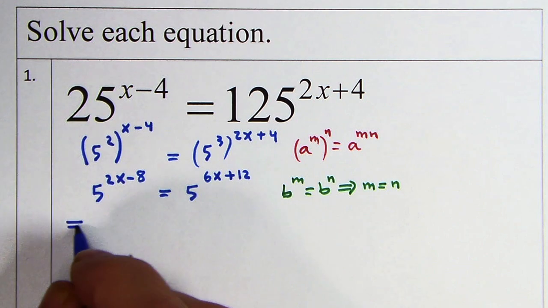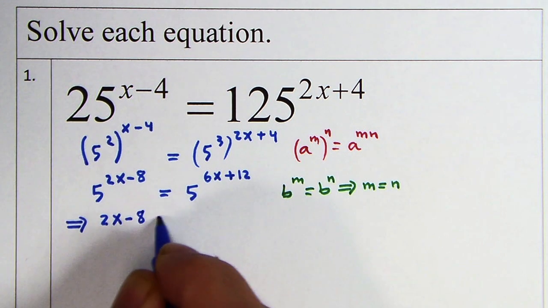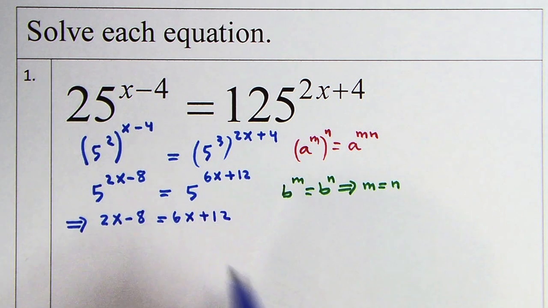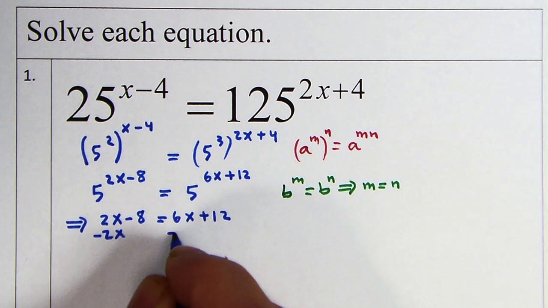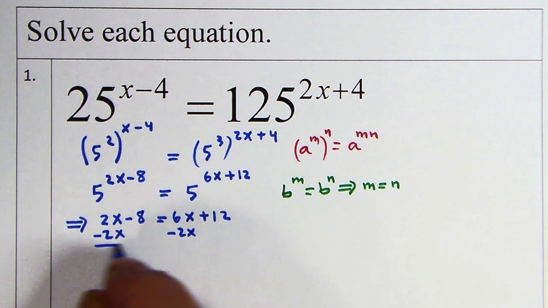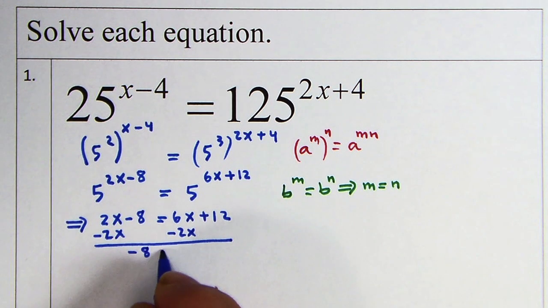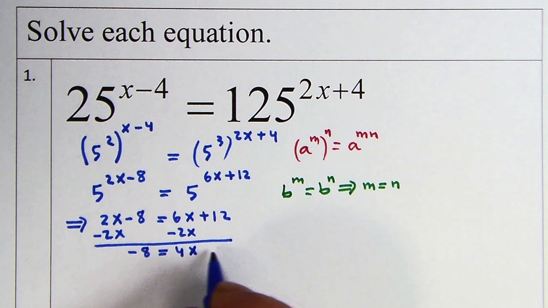That implies that 2x minus 8 equals 6x plus 12. Subtracting 2x from both sides, we get minus 8 equals 4x plus 12.